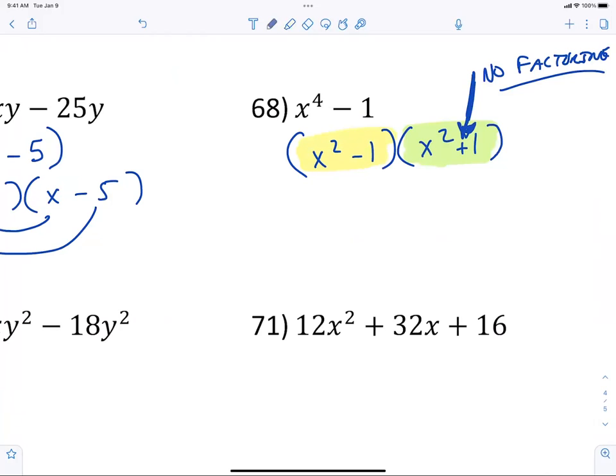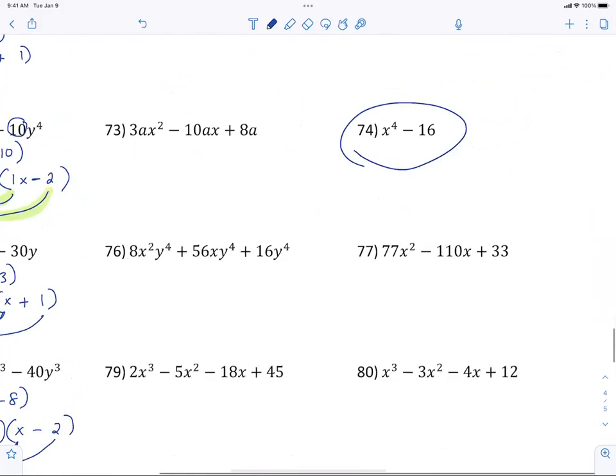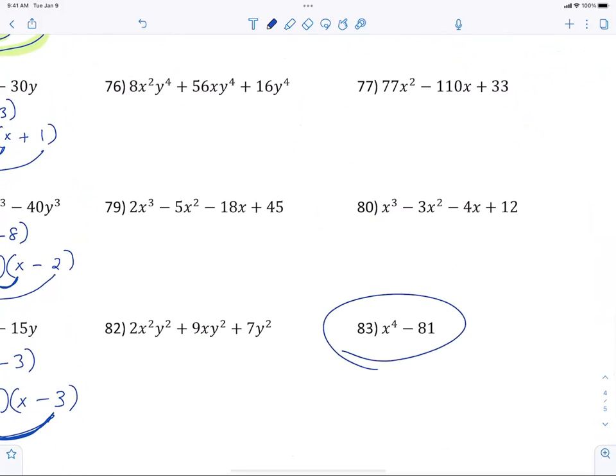And so x squared minus 1 factors to x plus 1, x minus 1, and then you have to leave x squared plus 1 alone. It does not factor. Okay, that was a nice one. And 68 is just like 74 and just like 83.